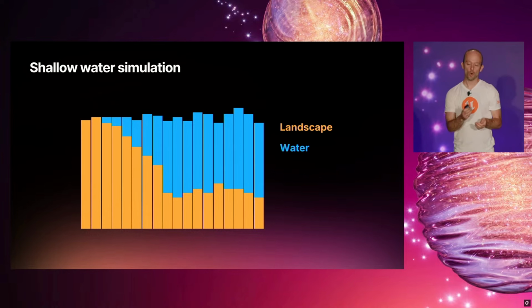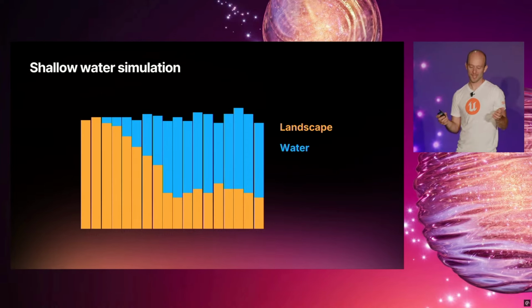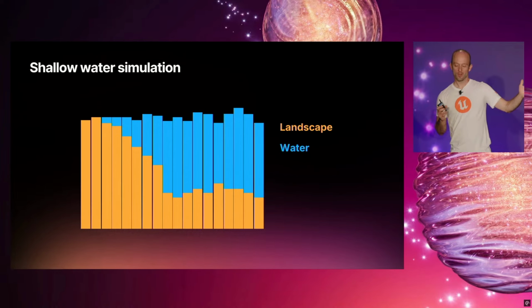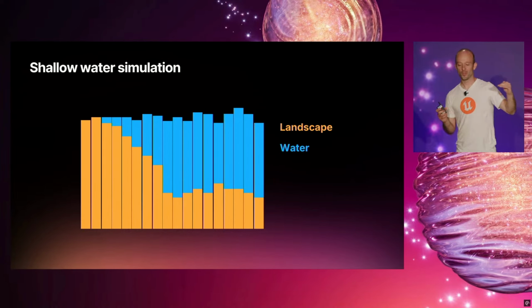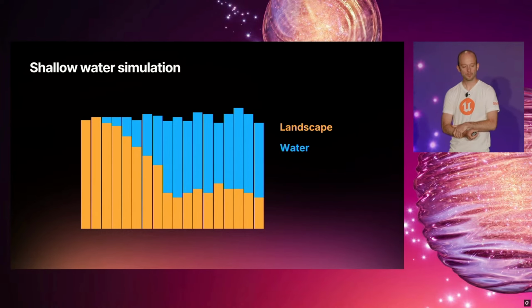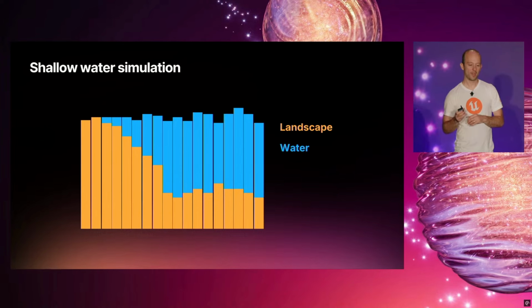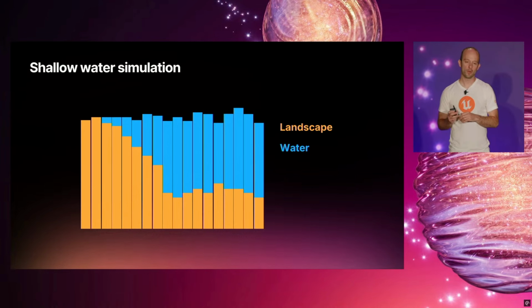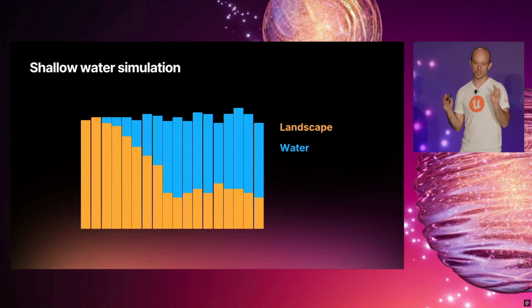And then in orange, we have the landscape. So in this case, this is where the water will flow. Imagine you're emitting water from the left. You'll get water that flows down this landscape and fills the domain. One really important thing to note here: the left two most cells don't have any blue above them. That means they're empty, they're just dry cells.